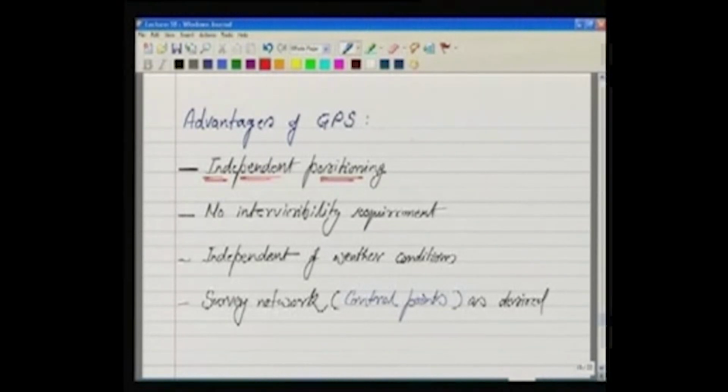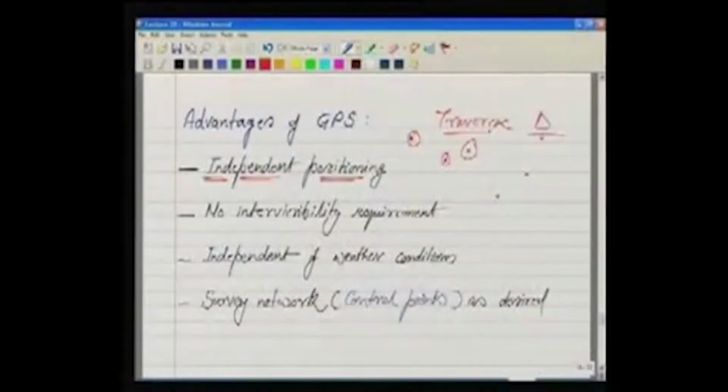Independent means you stand anywhere and your position is determined without any bearing on the previous position, unlike our traverse or triangulation. In traverse and triangulation, we have a dependency on the previous position, so error may propagate or accumulate, but here each and every point is independent.